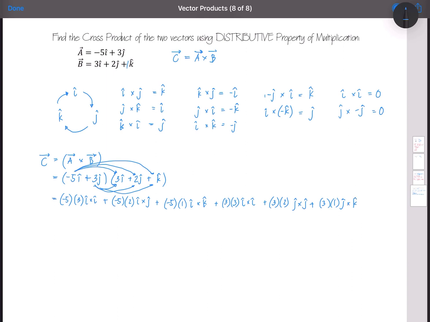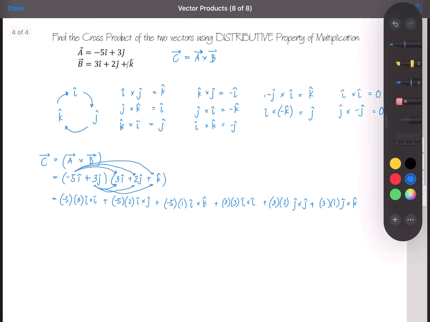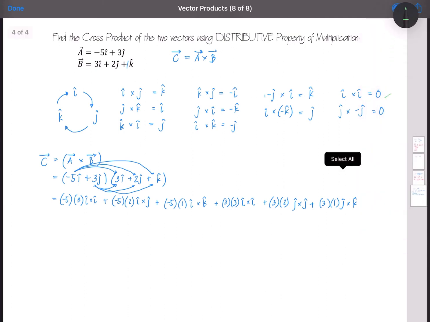Now, let's simplify. Let's first take out the terms with i hat times i hat and j hat times j hat. These are equal to 0, because j hat times j hat is 0. Also, this one is 0. Now, how about this one? i hat times j hat will now become k hat. i hat times k hat is equal to negative j hat.